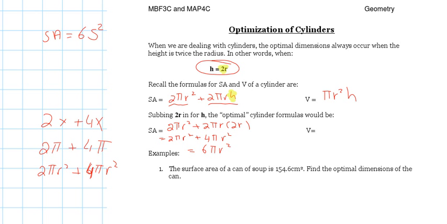What's the area of a circle? Pi r squared. So you have 6 pi r squared. It's the same thing, but this is the area of a circle and this is the area of a square. You don't need to worry about this. You just need to worry that surface area is equal to 6 pi r squared.